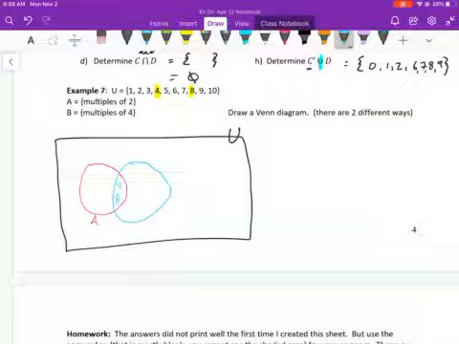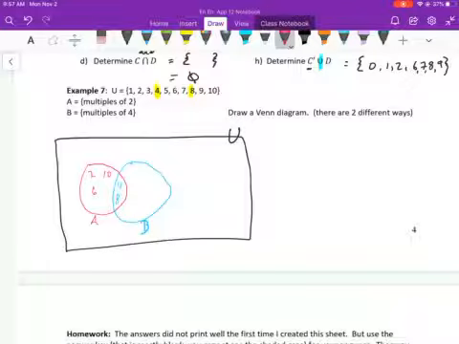Now, I'm going to draw it like this, and I'm going to put the multiples of 2 in there. So this would be everything that's a multiple of 4. Now, A is everything that's a multiple of 2, contains 2, 4 is definitely in there, 6, 8, and 10.